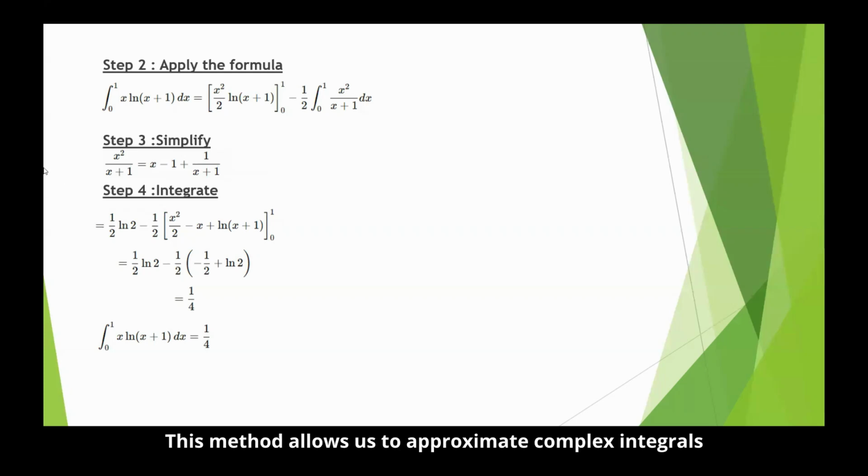This 1 over 2 ln 2 comes from here. And we just substitute this equation into here. So for the last step, we need to integrate the whole formula.